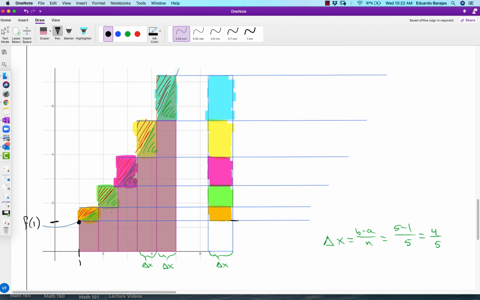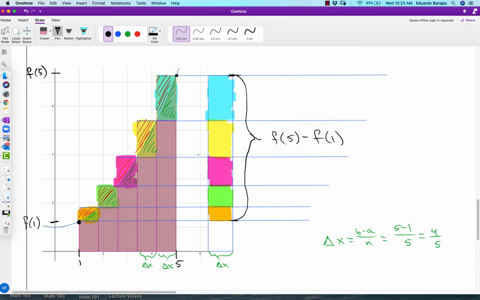Then the tallest one comes from the output value of plugging in a 5, since we're integrating from 1 to 5, so this is the value of f of 5. So the height of this thing right there is f of 5 minus f of 1.